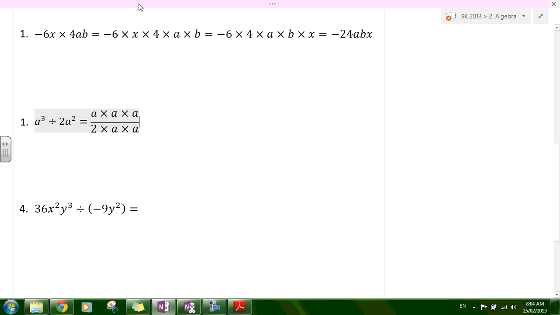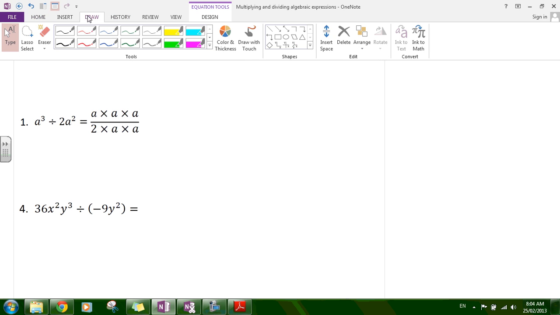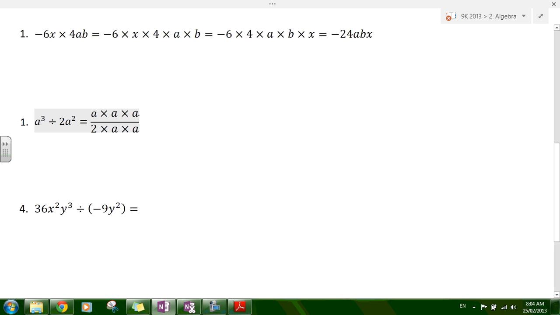Now if you see here, what's going to happen is that we have common factors. When you divide a by itself, you're just going to get 1. So these actually just cancel out. Same here, when you have this a, you have this a. When you divide a by a, you just get 1, so they cancel out. You're left with just this 1, which you don't have to write.